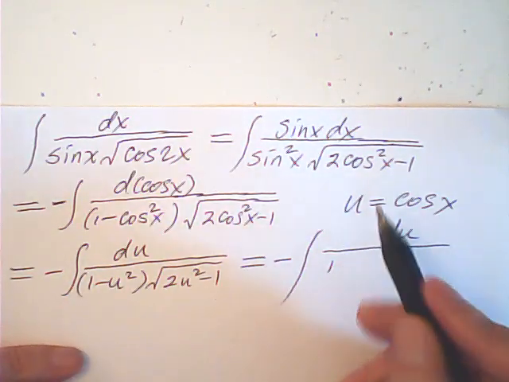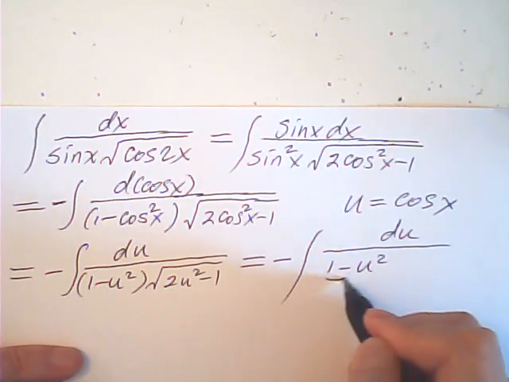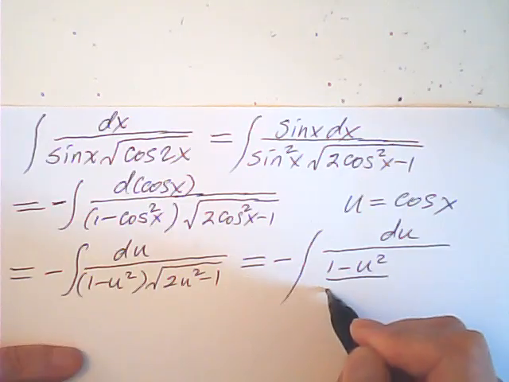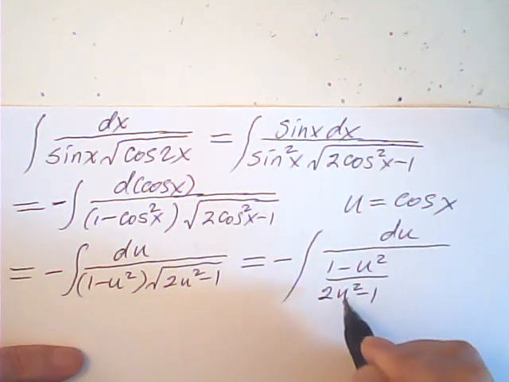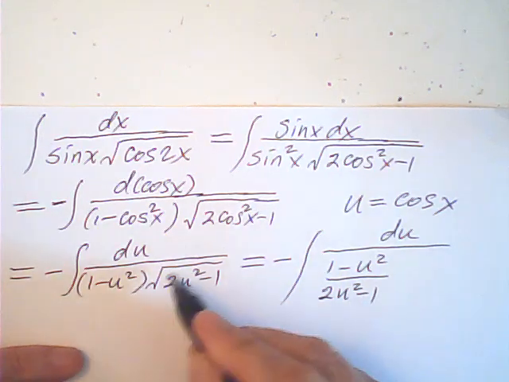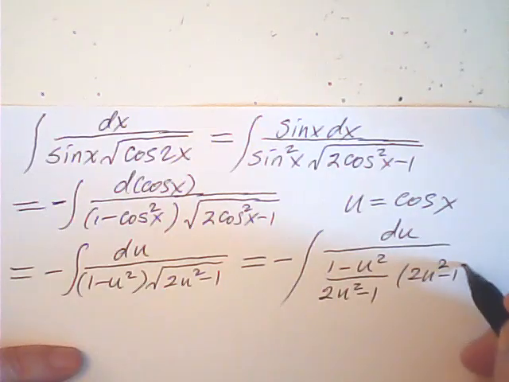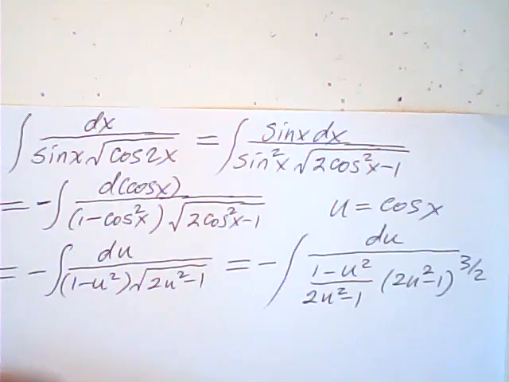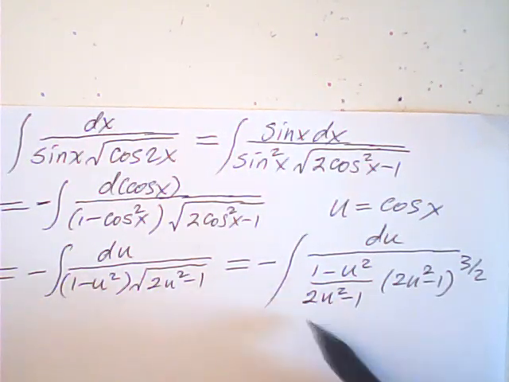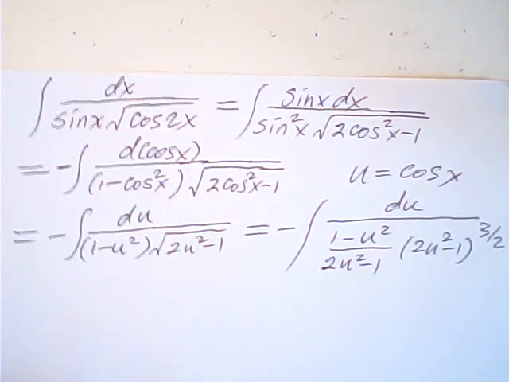So in other words, I multiply by 2u squared minus 1 to the 3/2 on the denominator, and at the same time multiply this one on top. That is equal, right? Both numerator and denominator times this one. Now something happened.